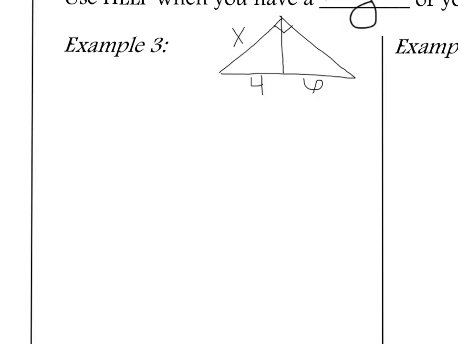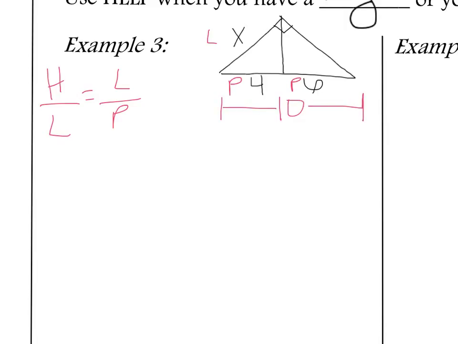Okay, so here I can tell, look, I'm looking for a leg, so I know I will need to use HLLP. Okay, so let's label these parts. So again, remember these are your parts, and this is your leg. But when I do HLLP, hypotenuse over leg equals leg over part. Sorry, my app did something funny. This picture happened to give me both parts, so all I really need to do to get the hypotenuse is just put them together, and then I have the hypotenuse.